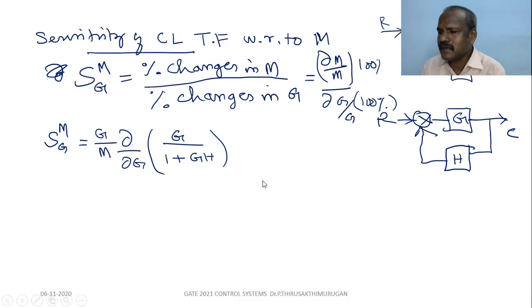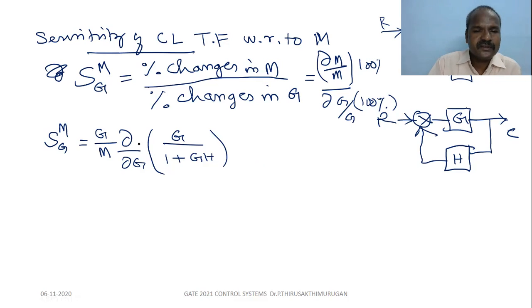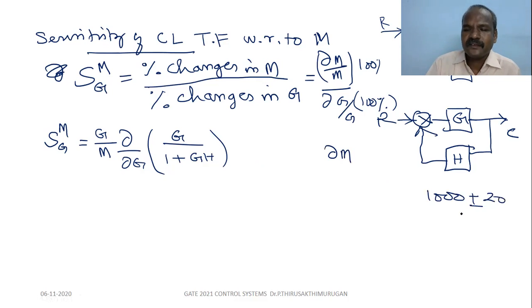Here, dou M denotes the incremental change in M due to the incremental change in G. Suppose an amplifier gain is, say, 1000, plus or minus 20. This means this is the limiting value.